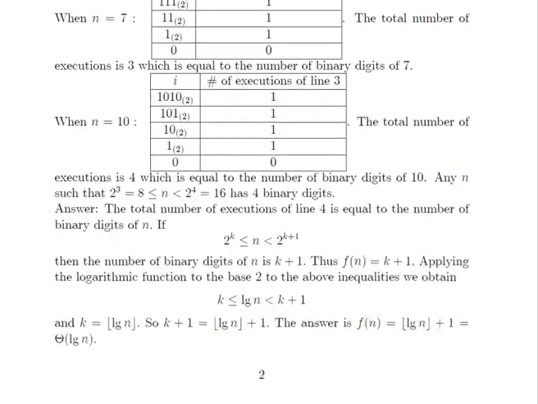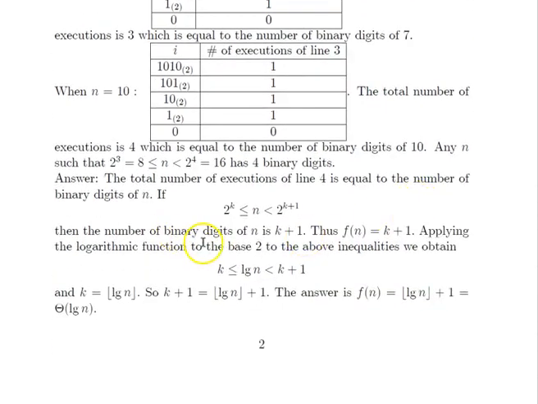Now, applying the logarithmic function to the base 2, which is denoted this way, lg. And you see lg means logarithm to the base 2. Apply this function to these inequalities because this function is increasing. We have k less than or equal to logarithm to the base 2 of n, strictly less than k plus 1.